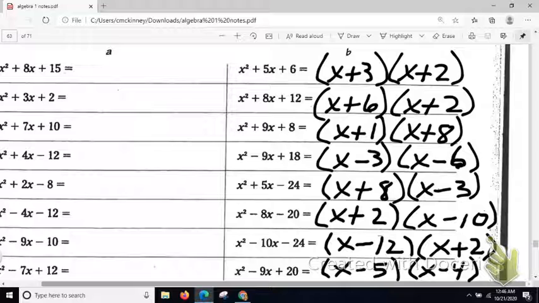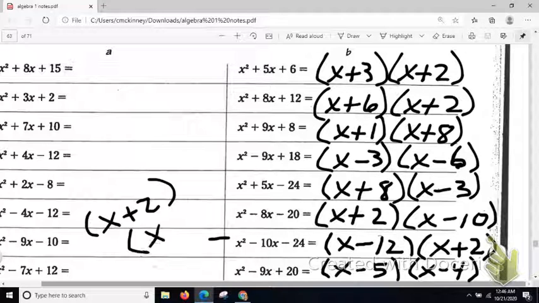Now, any of these you could have written in the opposite order. The sign has to still be with the same number, but the order of the parentheses could be different.